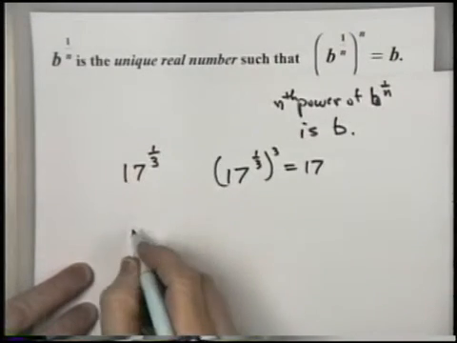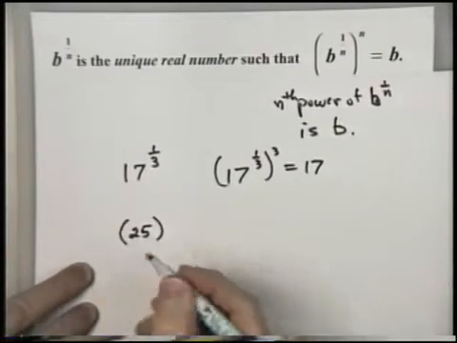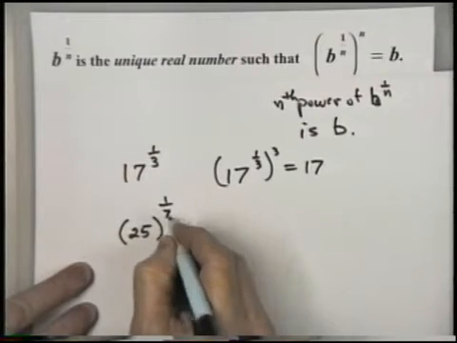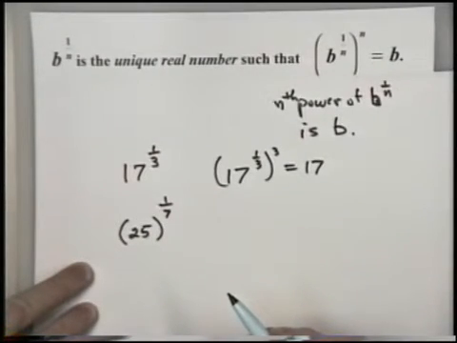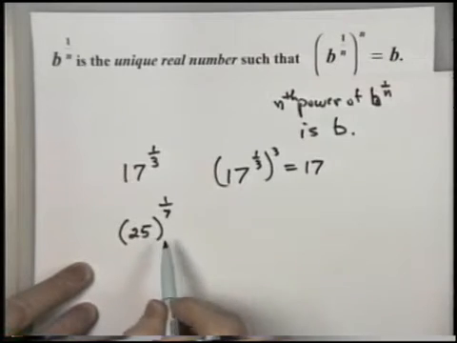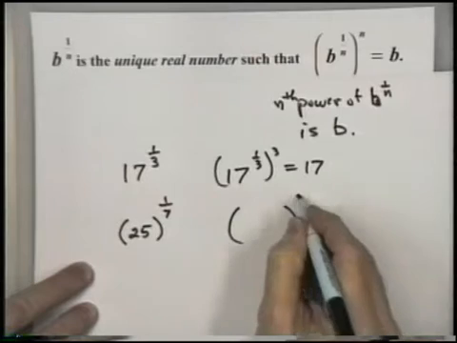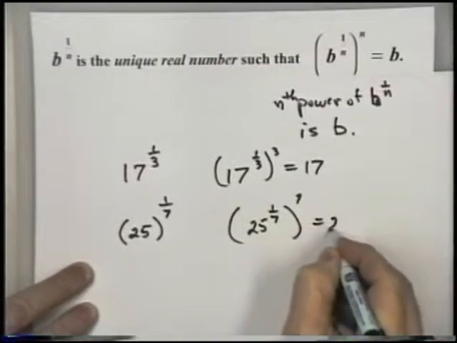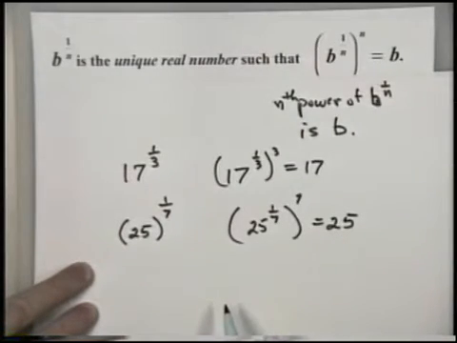Change the base to anything else. Say 25. And let's change that to 1/7. Then 25 to the 1/7 power is the unique real number such that if I take the 7th power of that number, I will get the base 25.